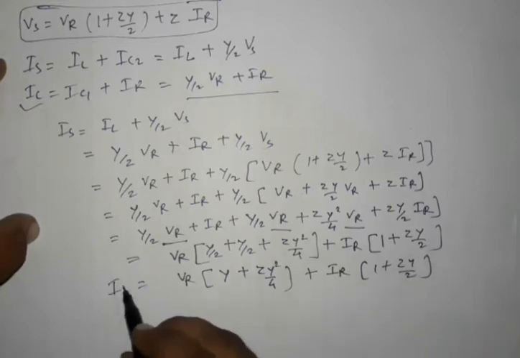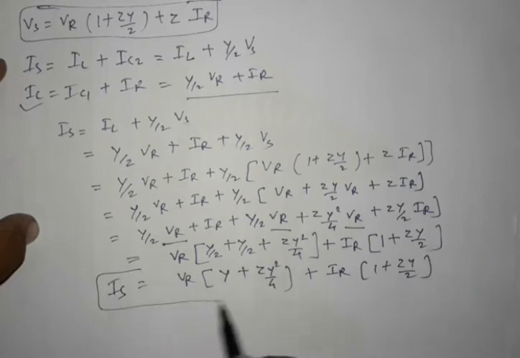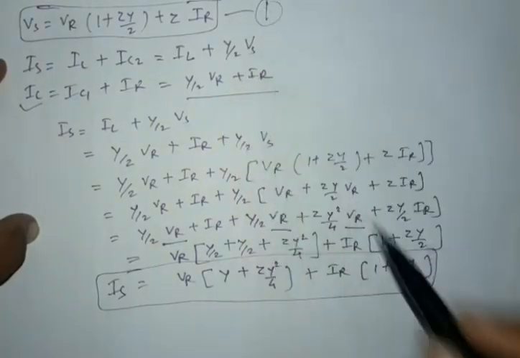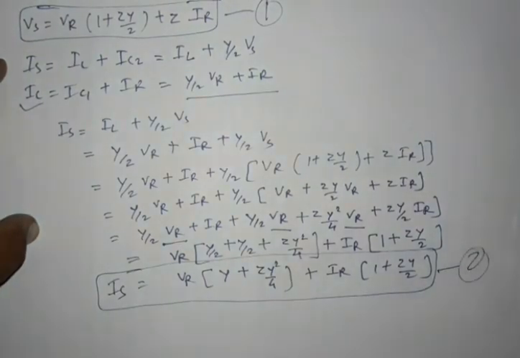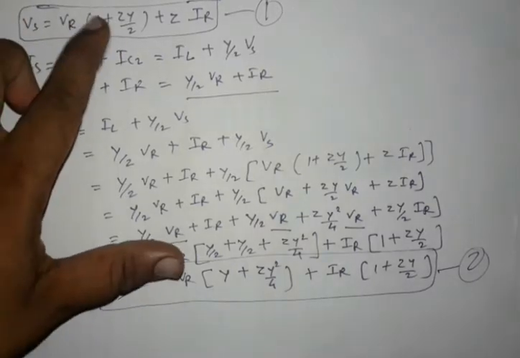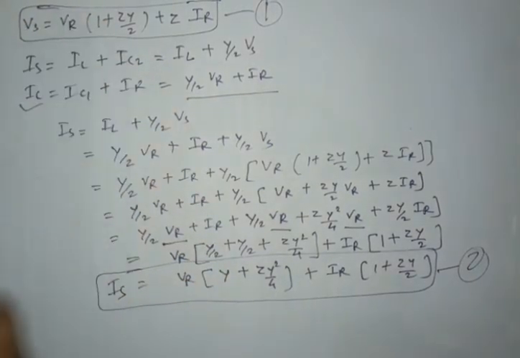So this is the equation for the sending end current. The first equation is for the sending end voltage and the second equation is for the sending end current. Now we compare equation number 1 and equation number 2 with our generalized parameter equation.